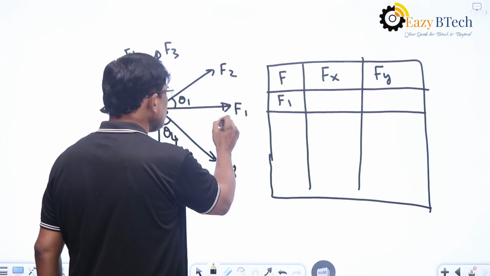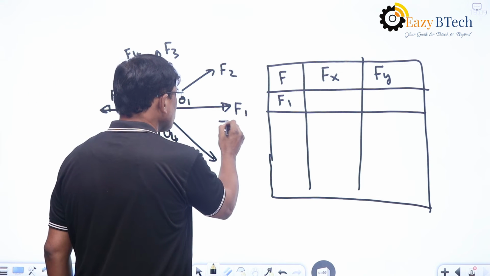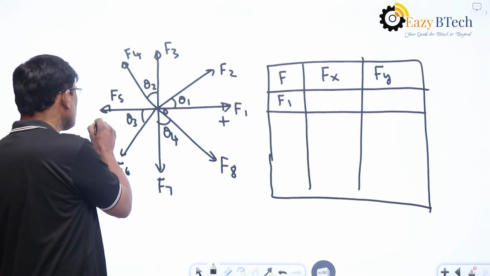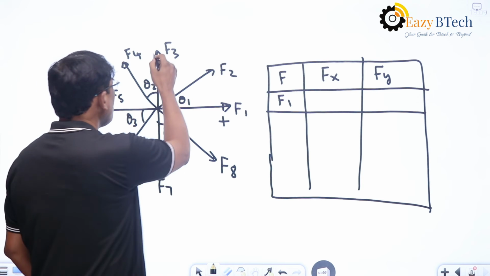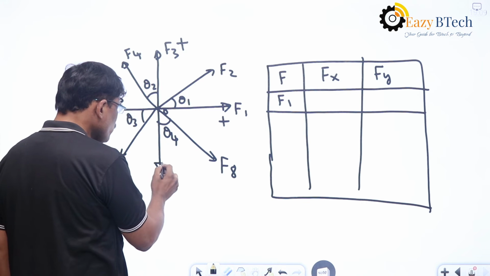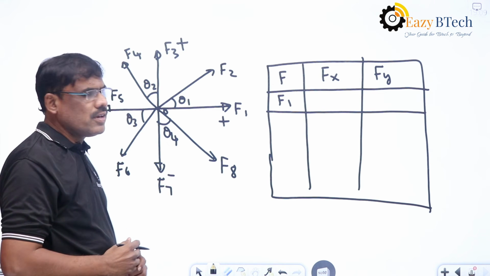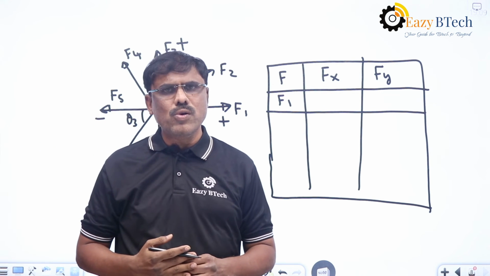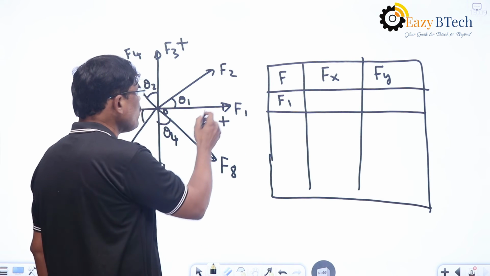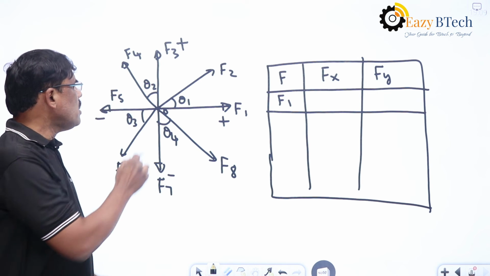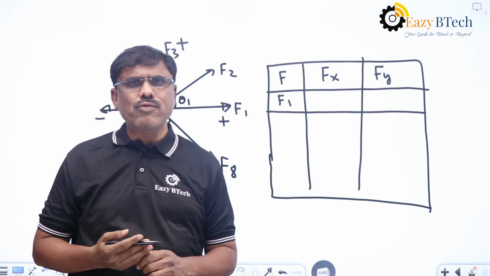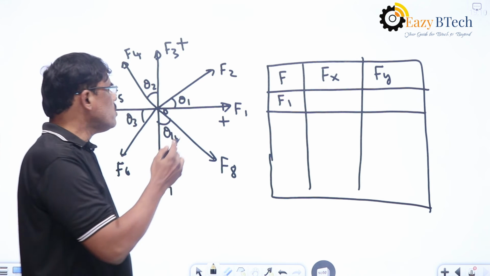And here we take the sign convention like this. Along x-axis, the force towards right is plus and force towards left is minus. On y-axis, force in the upward direction is plus, force in the downward direction is minus. So this is the sign convention we follow in doing the problems related to the resultant. Now F1 is acting along the x-axis. So the x component becomes F1 and y component becomes 0.